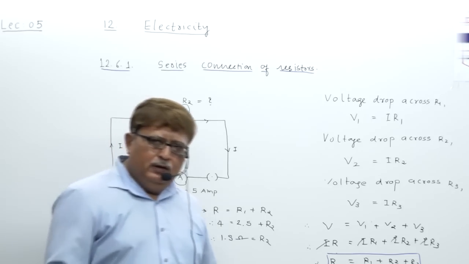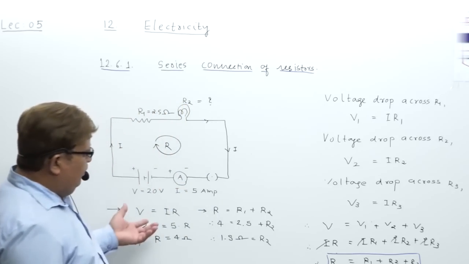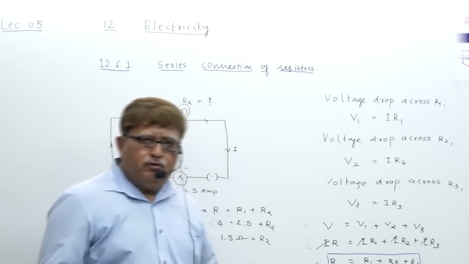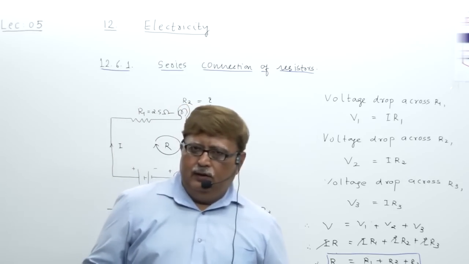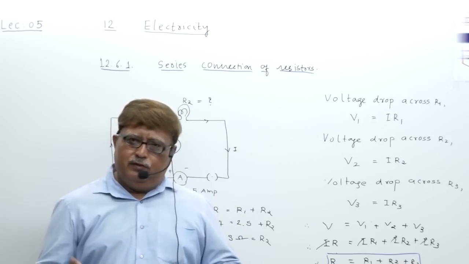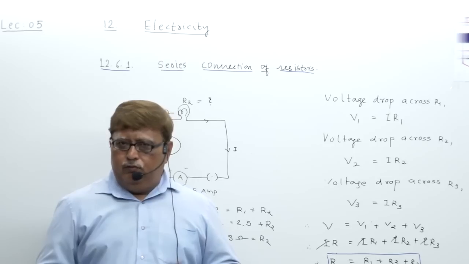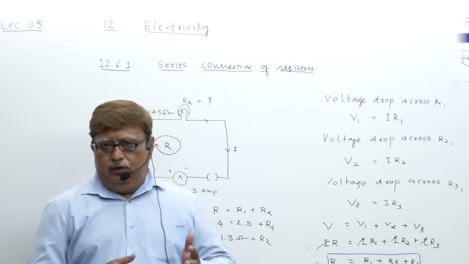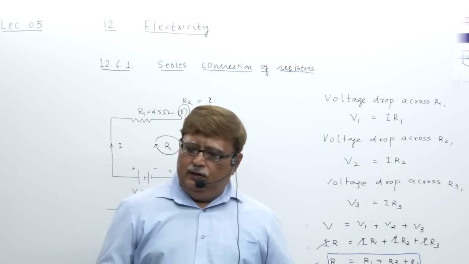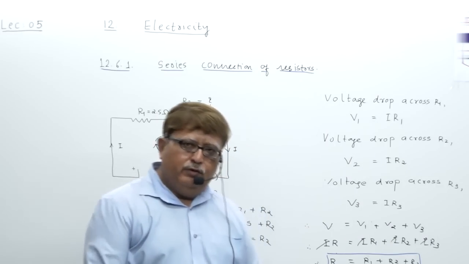Numericals are not complicated themselves, because when you know Ohm's law V equals IR and for series connection R equals R1 plus R2 plus R3, whatever, these two formulas just need to be applied in some different way, then any numerical can be solved easily.